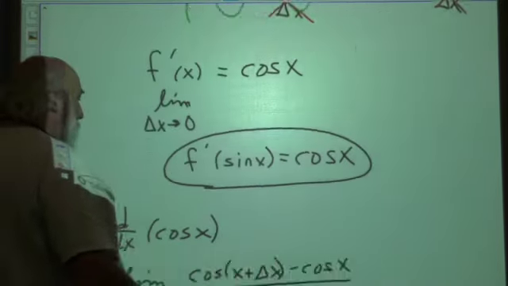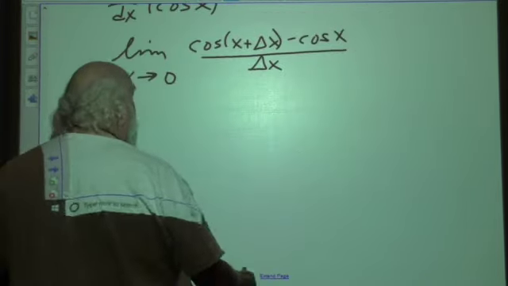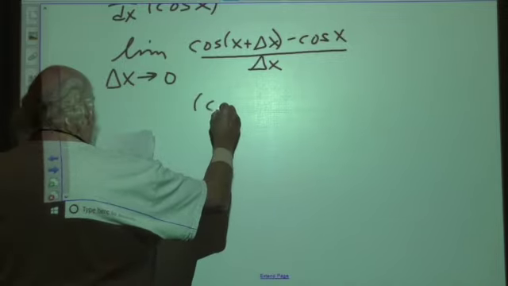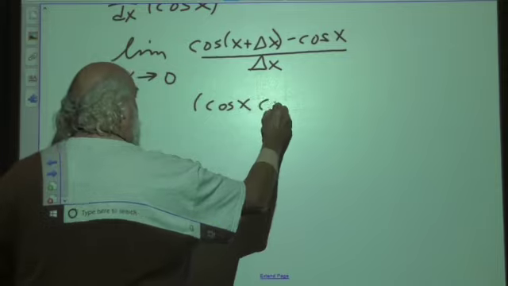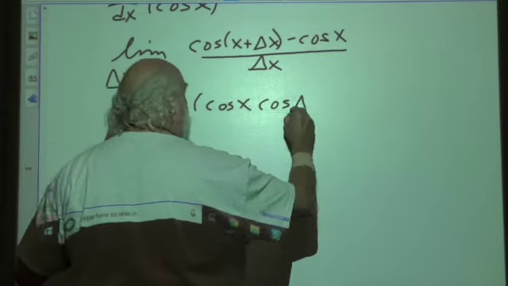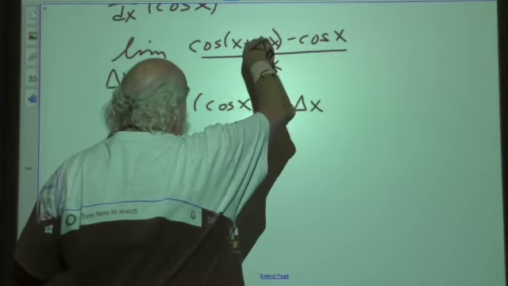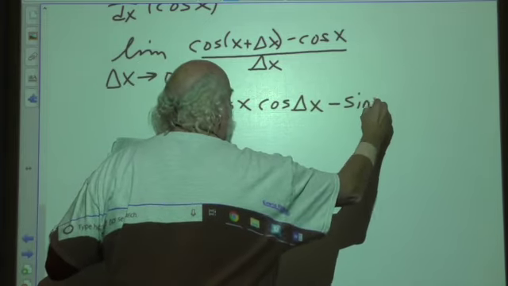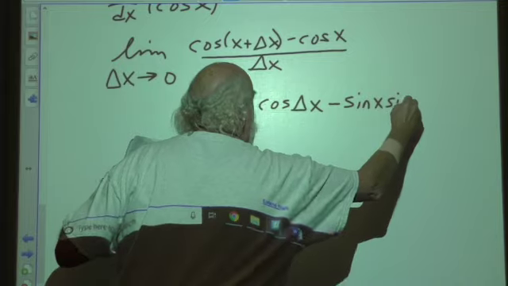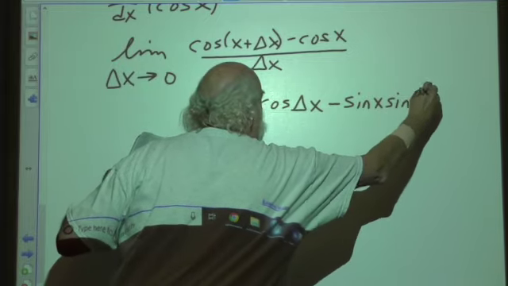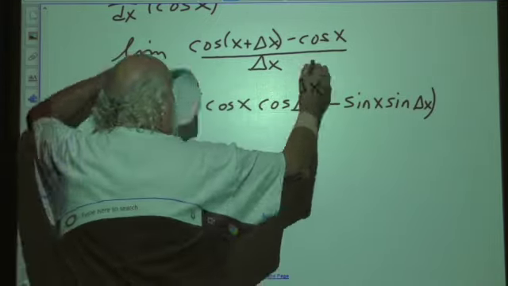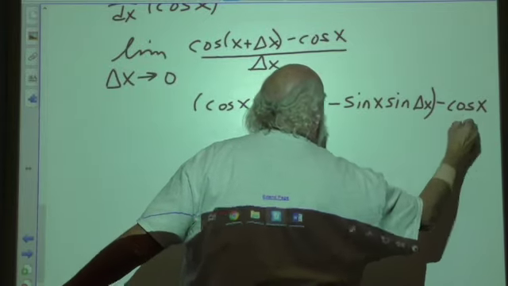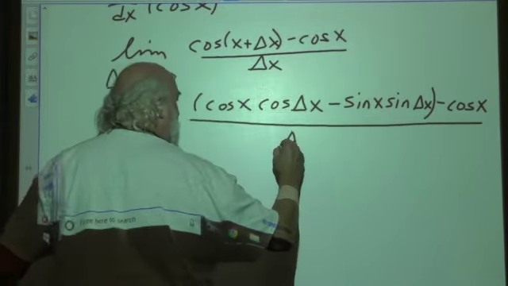So that gives us cosine x, cosine delta x, and since that's a plus sign there, a minus sign here, sine x, sine delta x. So that's that whole thing, minus cosine x all over delta x.